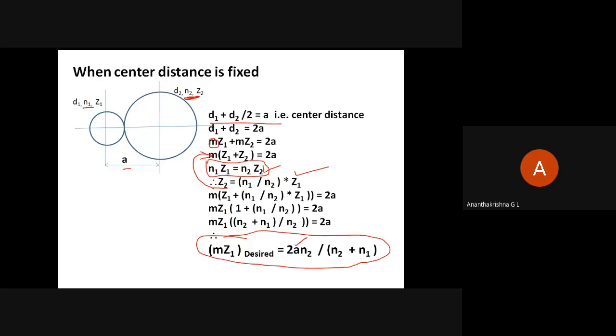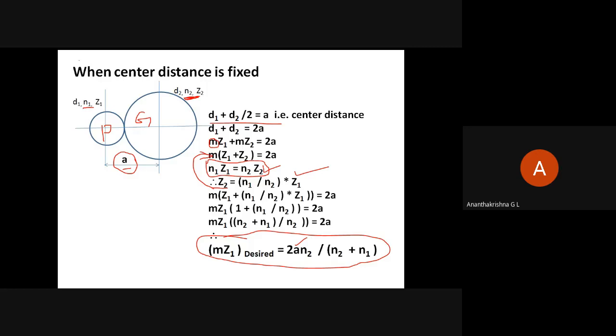A is the center distance between the pinion and the gear. This is the pinion and this is the gear. So MZ1 desired when center distance is fixed.